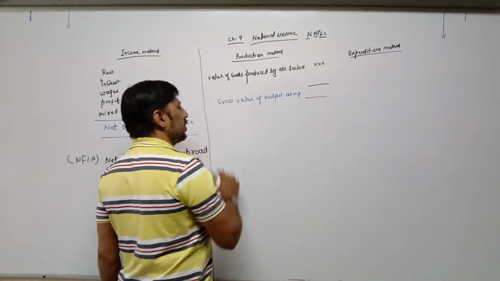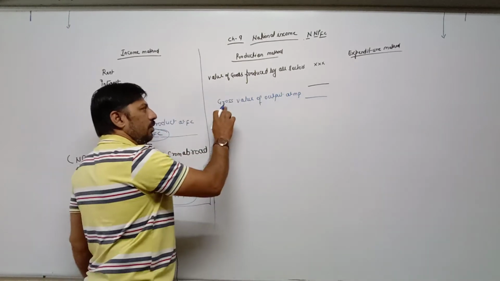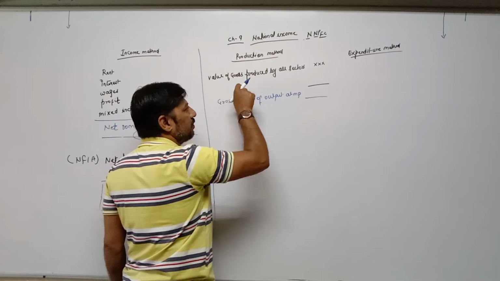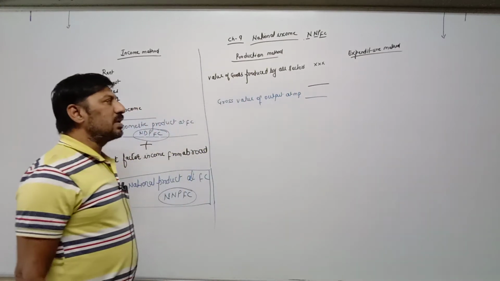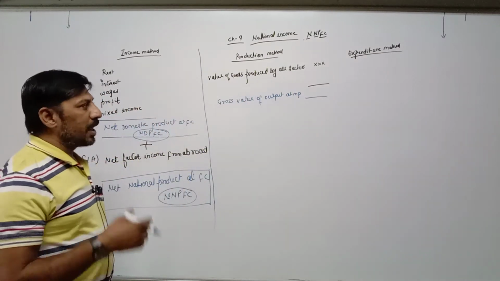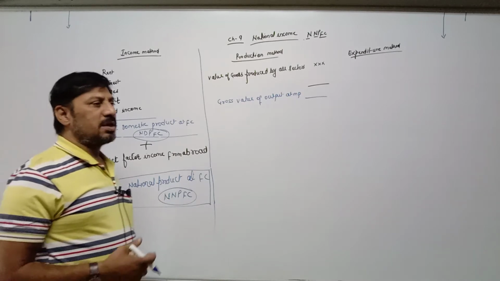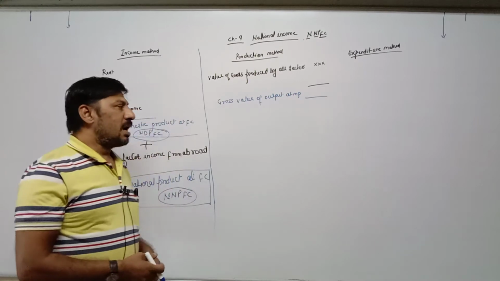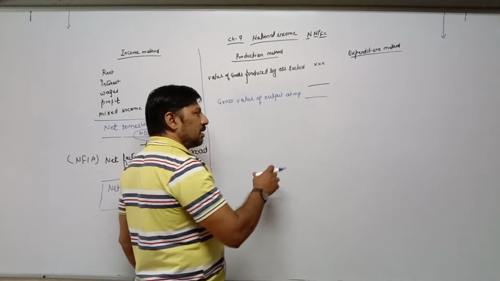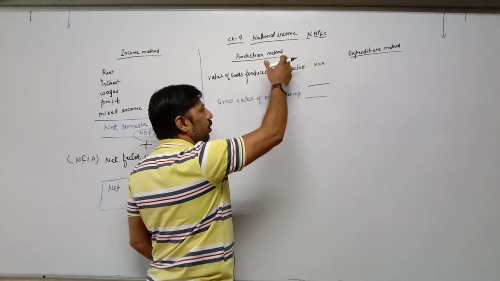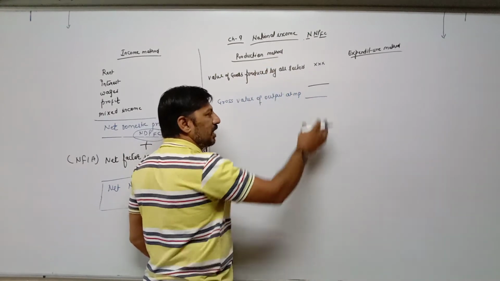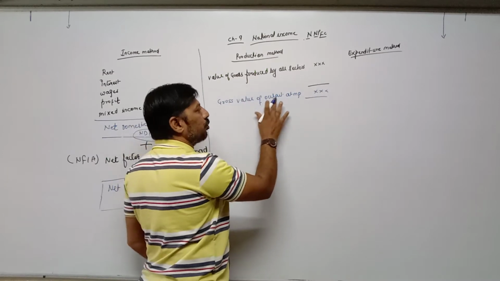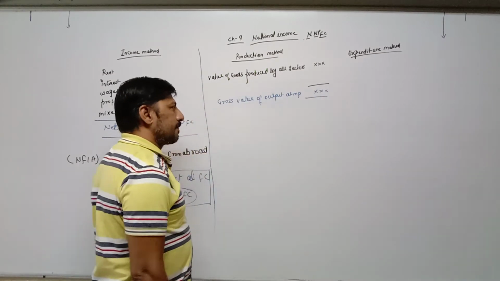First of all, we take the value of goods produced by different sectors: goods produced by primary sectors, secondary sectors, and the tertiary sector, meaning the service sector. After adding the goods or services produced by all these three sectors, that value is called gross value of output at market price.